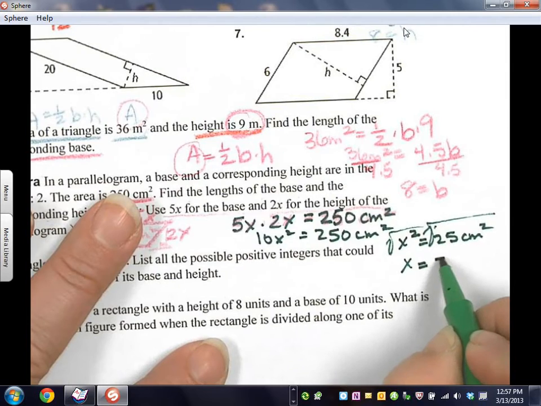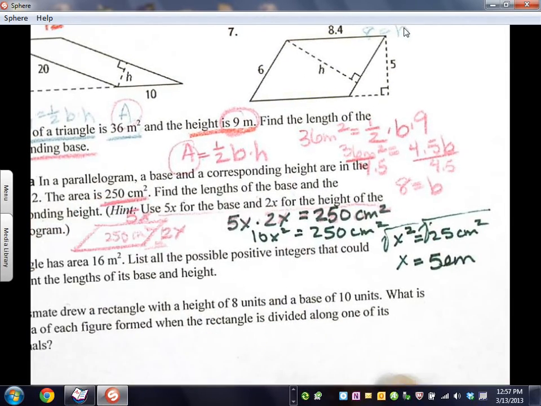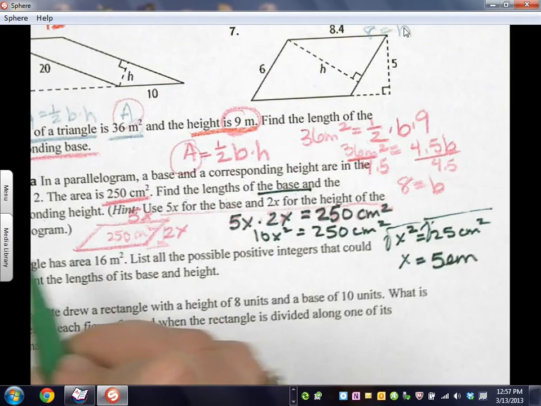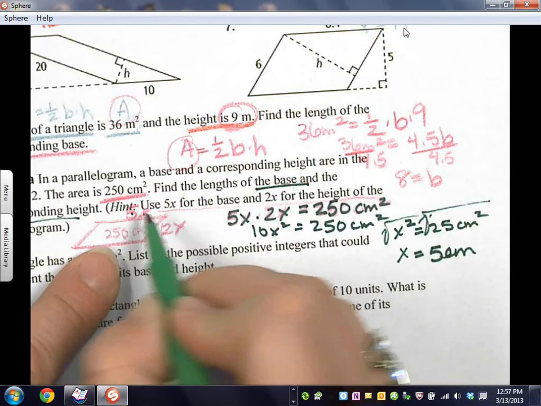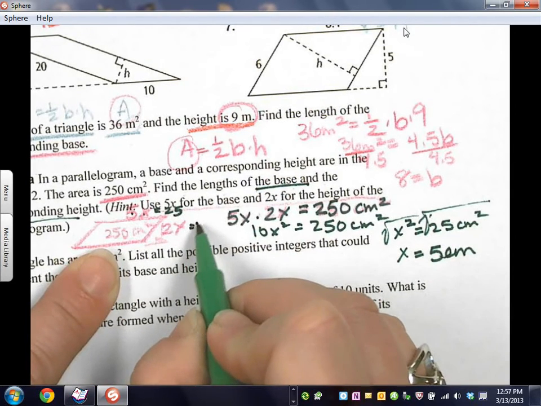Square root of 25 is 5. The square root of centimeters squared is centimeters. So that's your answer. X is 5 centimeters. So they ask me, what is the length of the base and the corresponding height? So 5 times 5 is going to be 25. 2 times 5 is going to be 10.